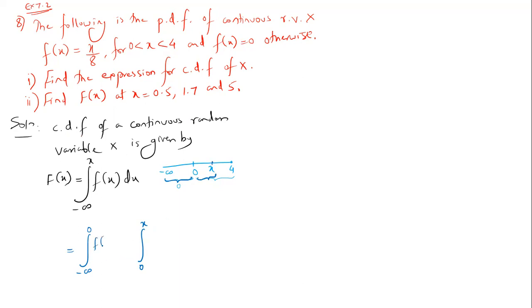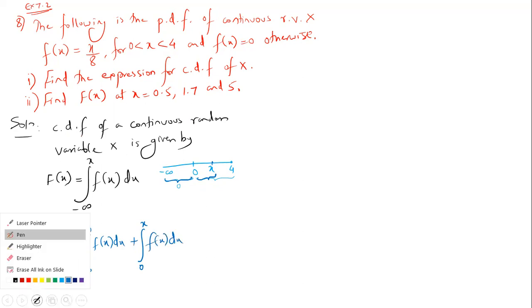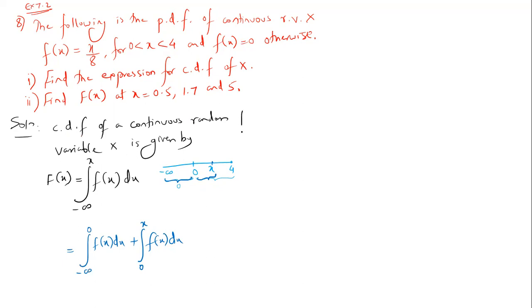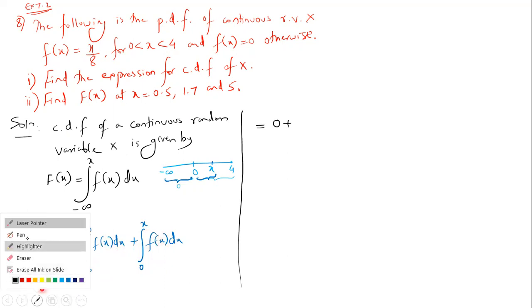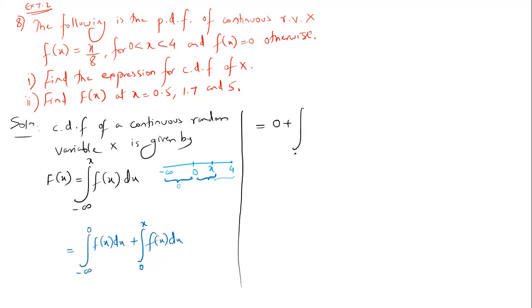We write f of x dx over here and f of x dx over here. The value of this first part, since it is 0 otherwise, will give me the integration as 0. The first part will give me 0, and I will evaluate the second part, that is 0 to x.